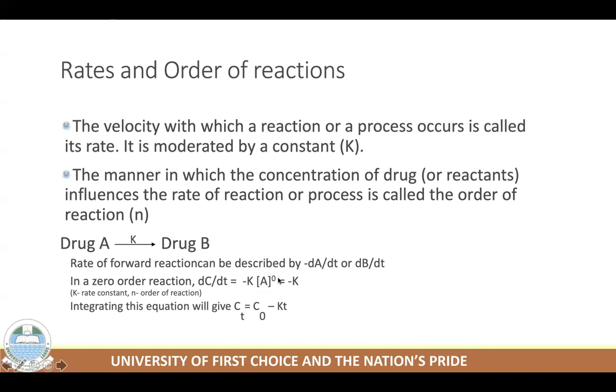Of course, we know that any expression raised to the power of zero becomes one, right? So minus k times one will give us k. So we can describe that the rate of change of the concentration of drug A in a zero order reaction is minus k, that's the rate constant. So this is not influenced by the concentration of the product at all.